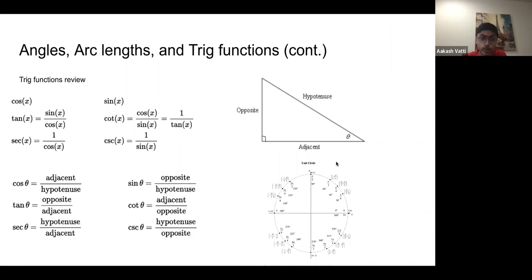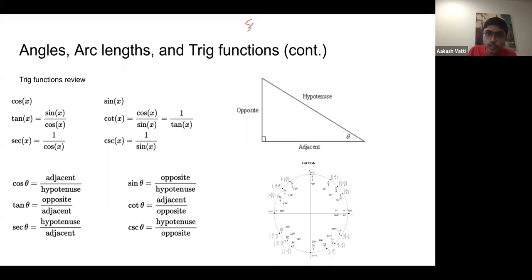Here's a quick review of trig functions. You have cosine and sine, and tangent is sine over cosine. I didn't write this on the slide, but here's a really good way of remembering it.